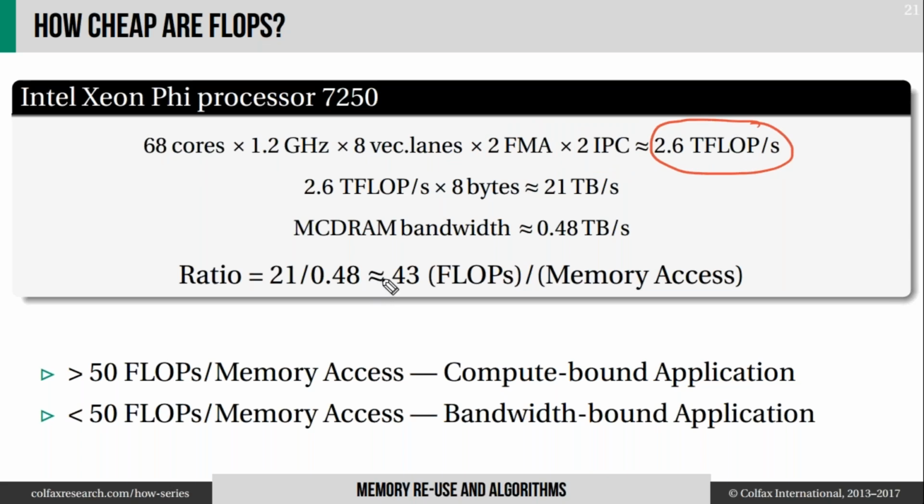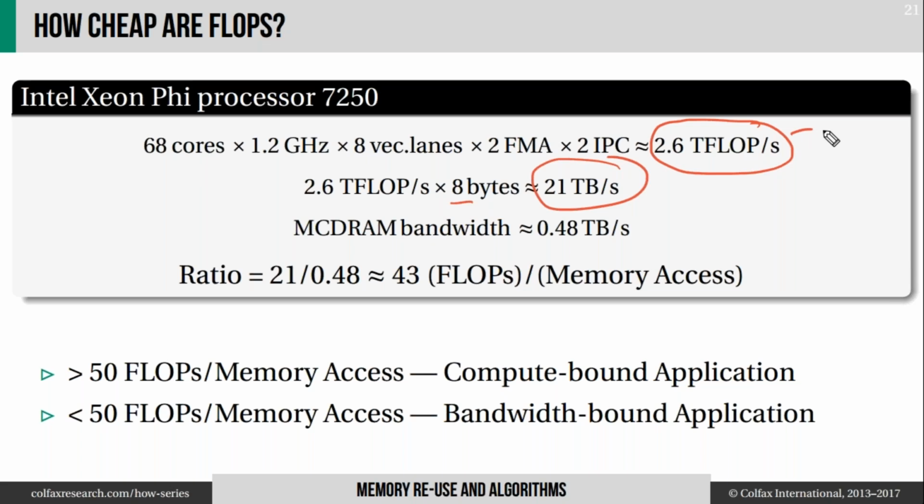Now ask yourself the question. You want to perform 2.6 trillion floating point operations. How much data is there in 2.6 trillion floating point numbers? Multiplied by 8 bytes, you get 21 terabytes.